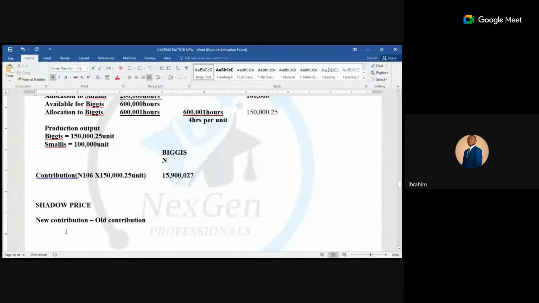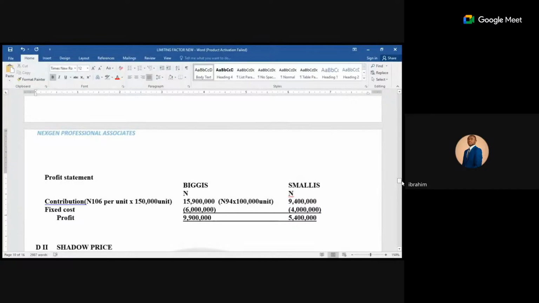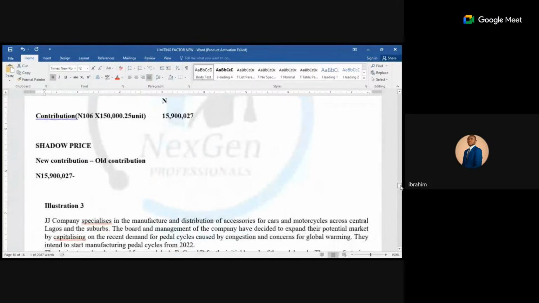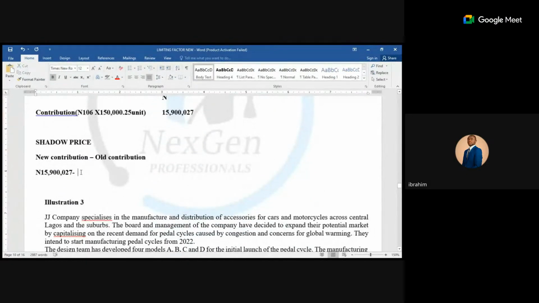What is the new contribution for biggies? 15,900,027 minus the old contribution of biggies, 15,900,000. So what is the difference?